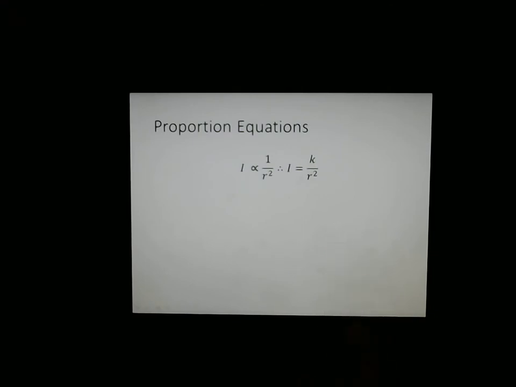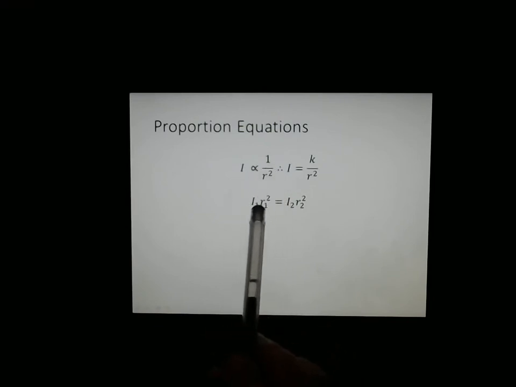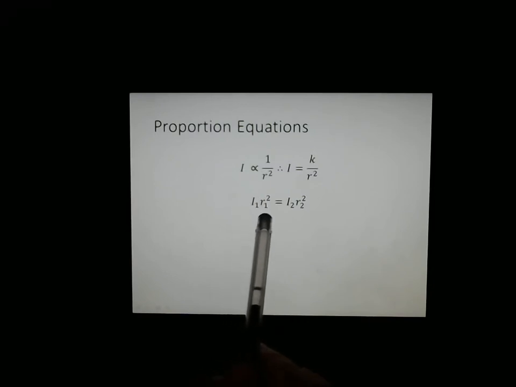And so we can set this up like a before and after equation, when this proportionality is true. If it was 1 over r, then it'd just be I1 times r1 equals I2 times r2. But because it's r squared, it's I1 times r1 squared equals I2 times r2 squared. So 1 for initial, 2 for final, we could have used I and F if we wanted to.